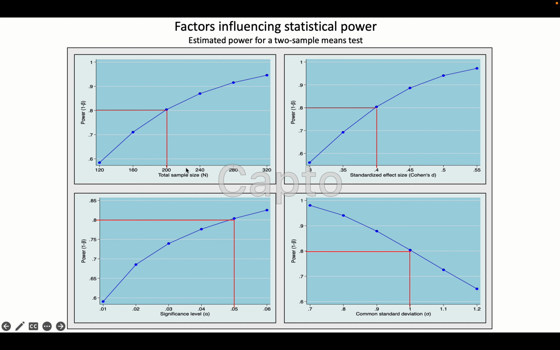So the more you increase the sample size, the power is going to increase unavoidably, right? The more you increase the effect size, the power is going to increase as well, right? The more you increase the alpha critical value, your power is going to increase as well. But the more you increase the standard deviation, your power is going to decrease in this case.